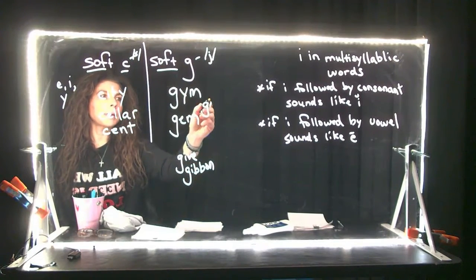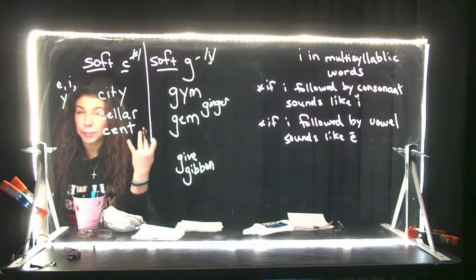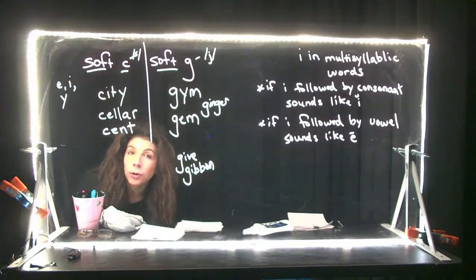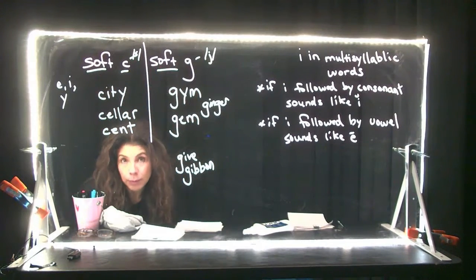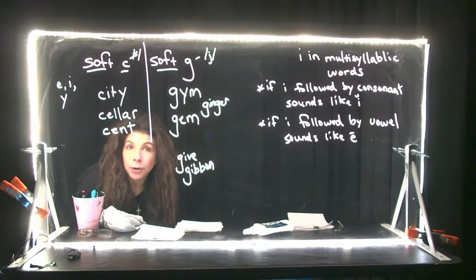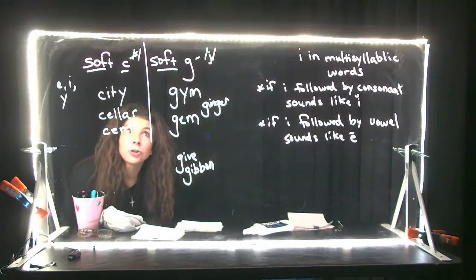Gingerbread is one up here, or ginger, or gingerbread. So we talked about soft C and soft G. Do you remember that? So when you are reading, this is very important, because when you come to a multisyllabic word that you're trying to sound out by decoding, you need to remember if it's a C followed by an E, I, or Y, or a G, it makes a J sound.